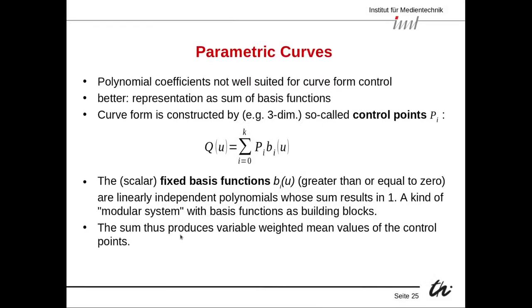And this means the sum produces a variable weighted mean value of the control points. If the sum of the b's is always 1, then this is a weighted average of those control points.